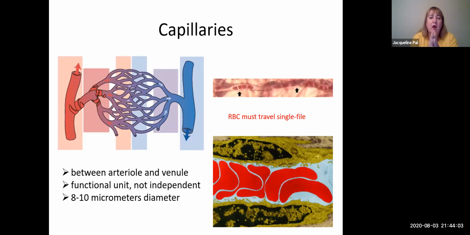So they act as a unit, they don't act independent of them. And these have a very small diameter, somewhere around 8 to 10 micrometers wide, and a red blood cell is about 6 in diameter, so that makes red blood cells travel single file. If you think about the 405 highway, when you're going from 4 lanes to 3 lanes to 2 lanes to 1 lane where you're going single file, you know how slow that goes.